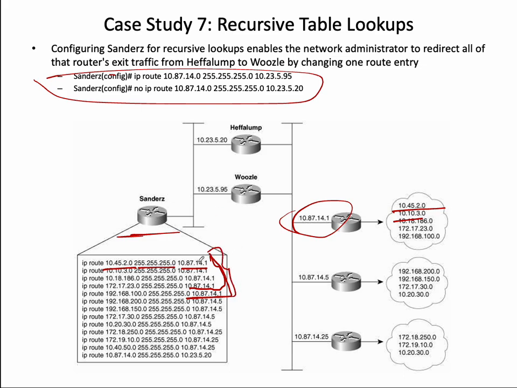So the router knows, like, hey, if I want to reach, my next hop is this. So it starts forwarding traffic to this side, right? So initially it's equally configured, but as soon as you enter these two commands in the router, it will stop sending routes to this one. Okay, it will send traffic via this way, because our next hop is, we are using the recursive table lookup.